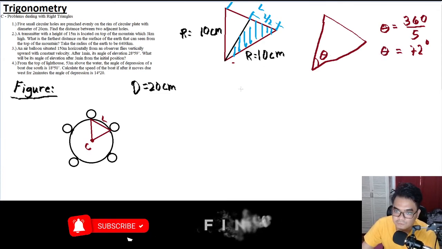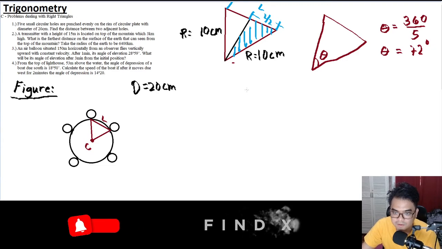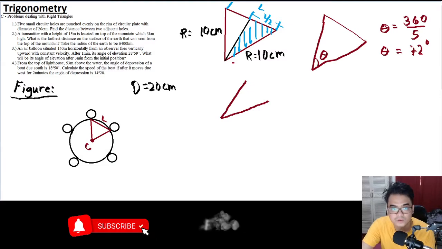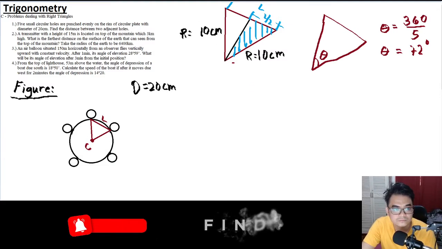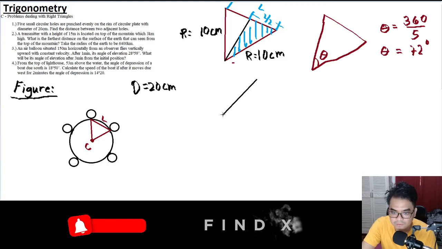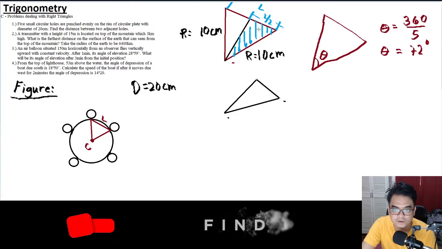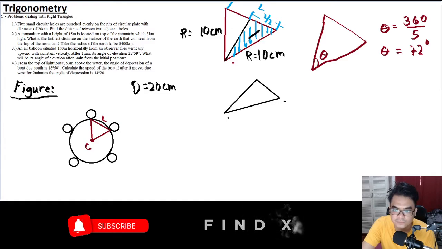Again, I will isolate the right triangle, and you'll have something like this. So this is the right triangle, the part that I'm talking about.